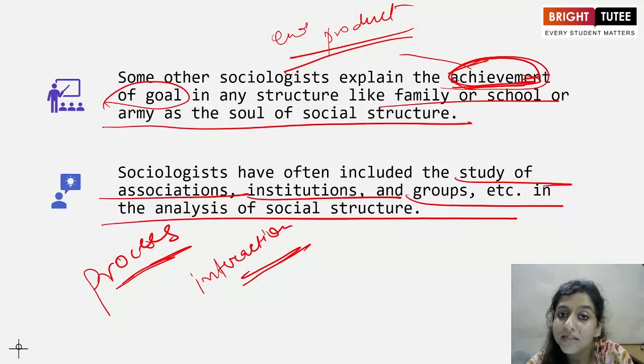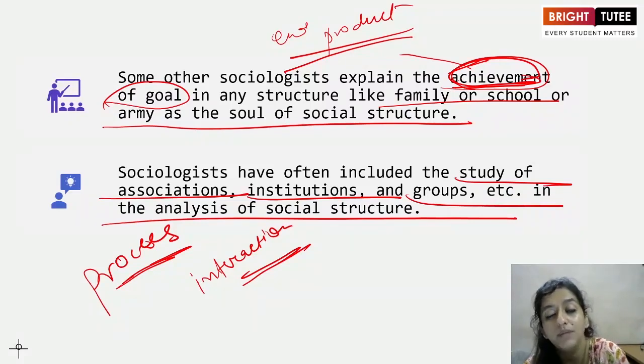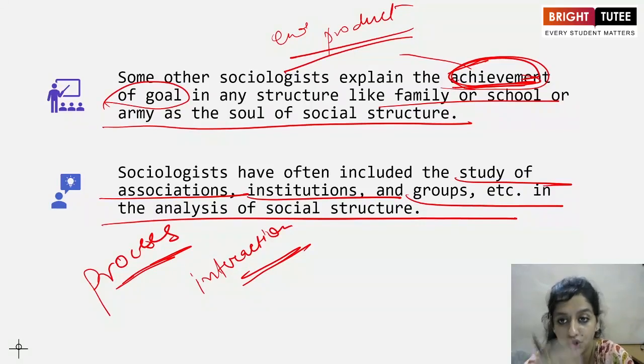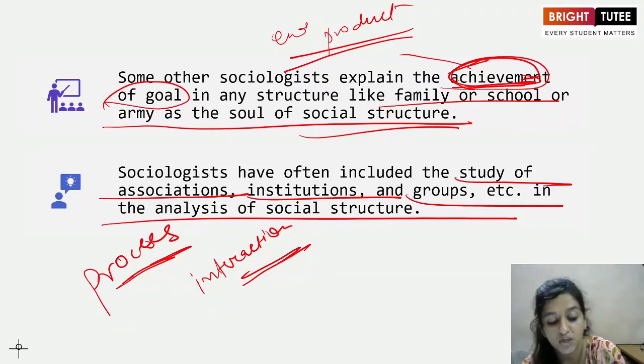That is exactly the reason why we as a community in sociology have not been able to come to a well defined definition of the term social structure, because we have people focusing on the achievement of the goals, people focusing on the process, the interaction, the study of association, and that is the reason there's no one consensus on the definition.